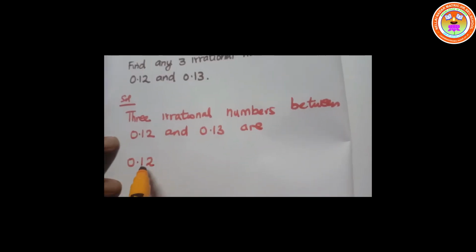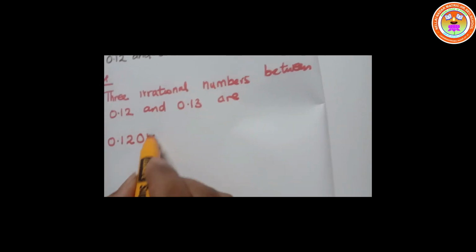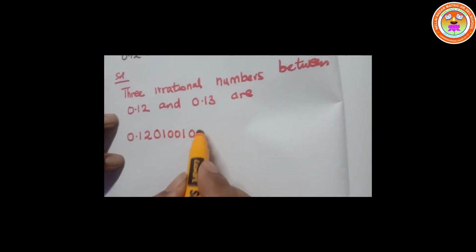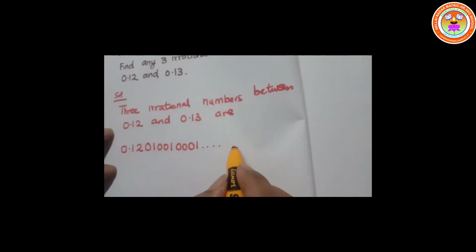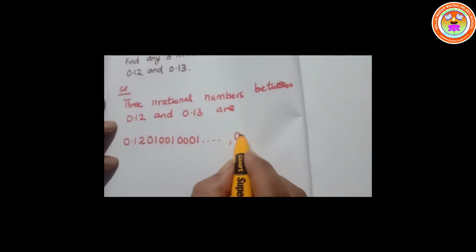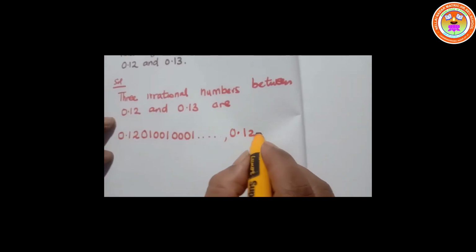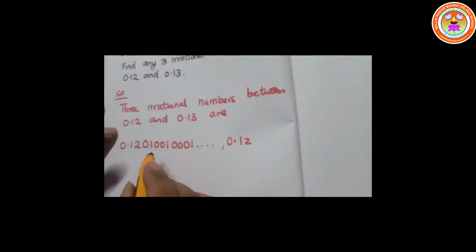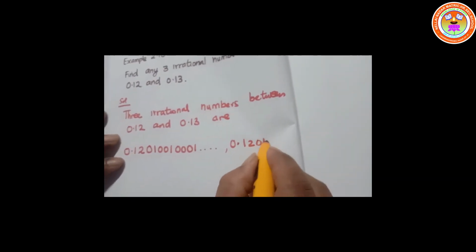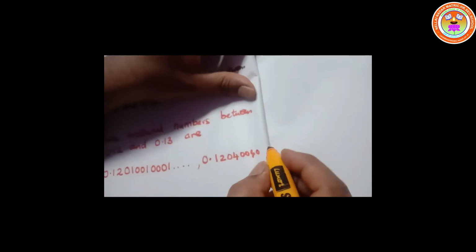0.12, right? You start with 0.12 and then 0 1 0 0 1 0 0 0 1 and so on, up to the next number like that, comma. And you can write 0.12 and then 0 2, you can write 0 3, so I'm going to write 0 4, 0.120 0 4 0 0 0 4.